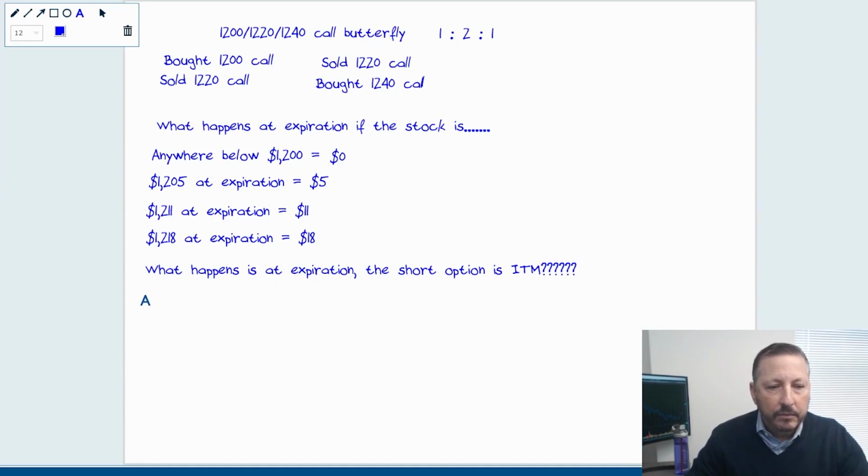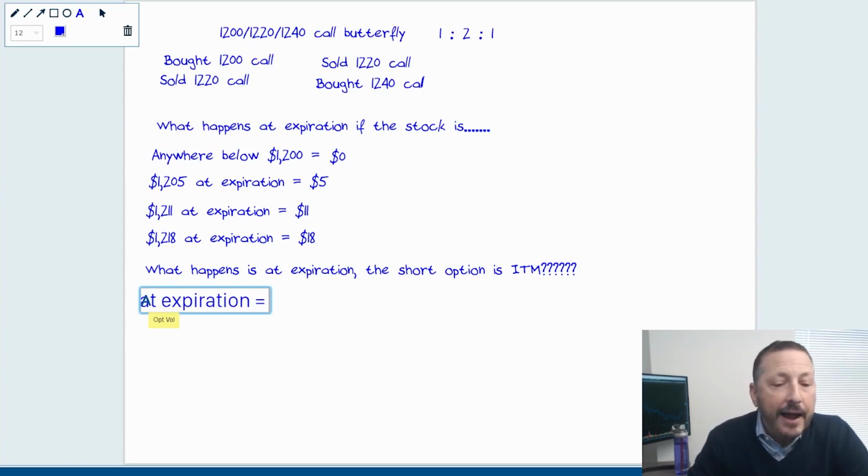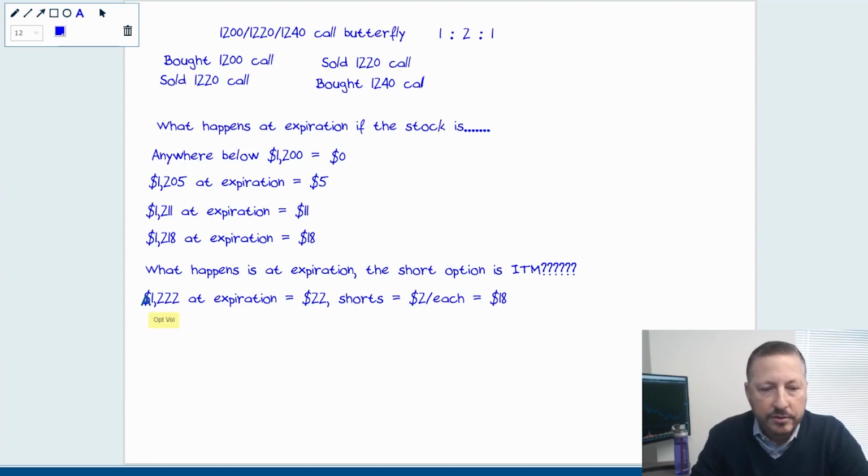Meaning, what happens at 12.22, let's say? Okay, what would the value at 12.22 be? Well, the long option would be worth 22. The short options would be worth $2 each, for a total value of $18. And so on and so forth. Let's go up to 12.31.